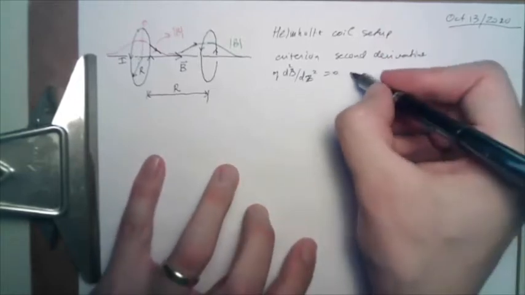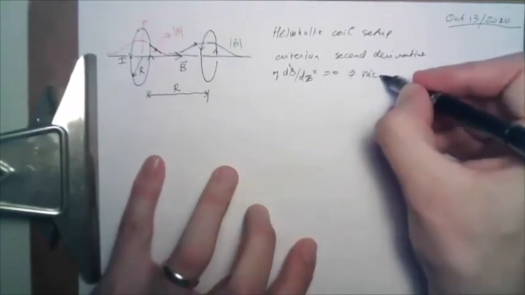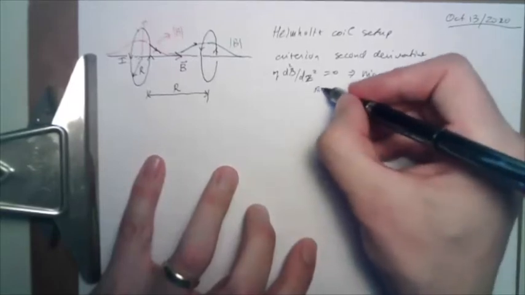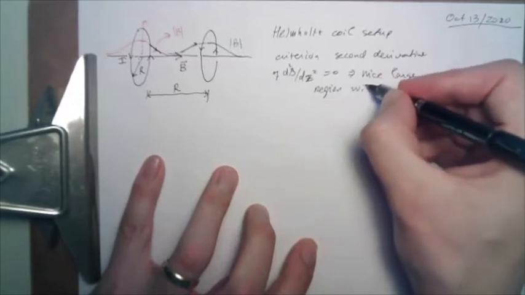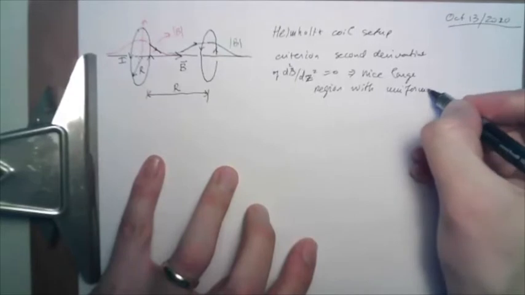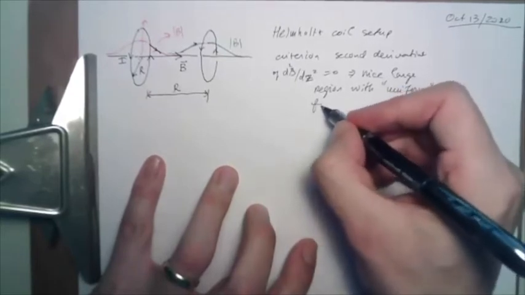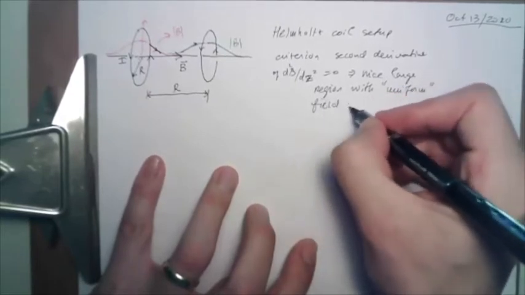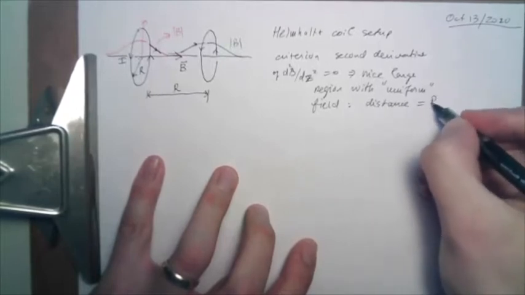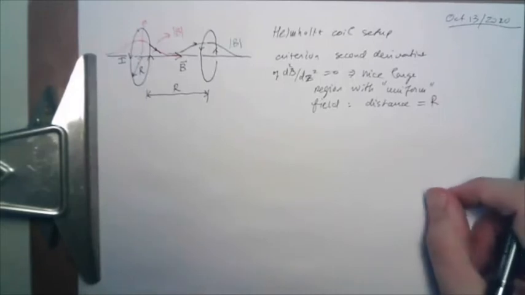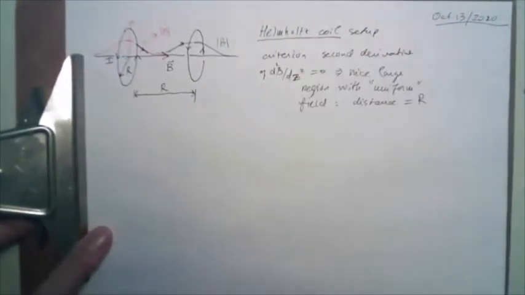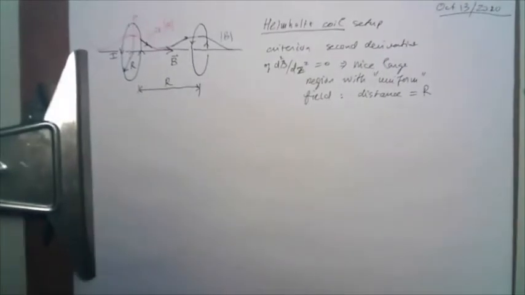So then you get a nice large region with uniform field, and that is the case when the distance equals R. So Helmholtz coils. All right.